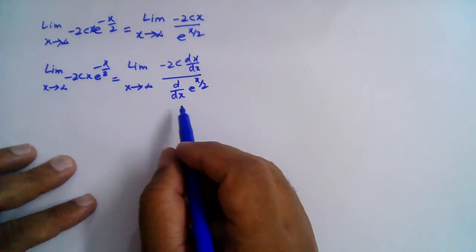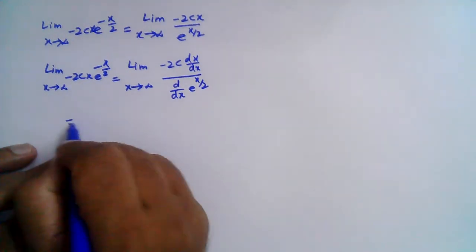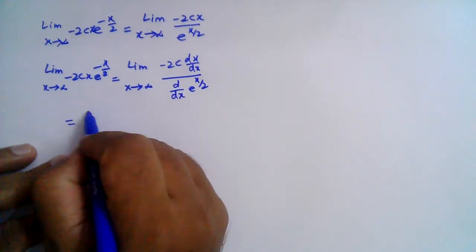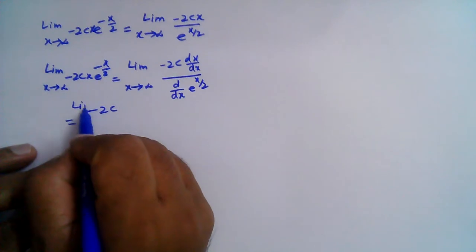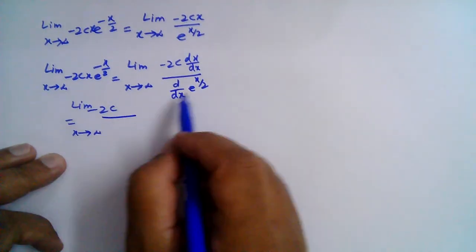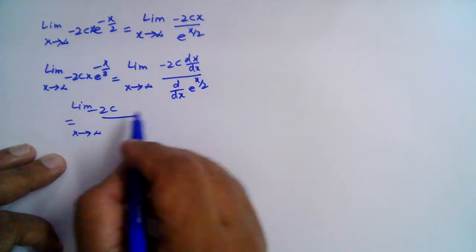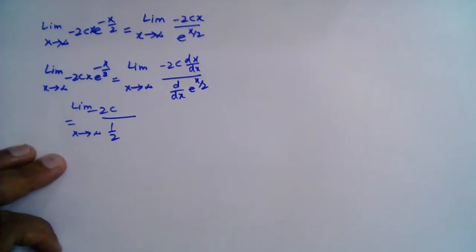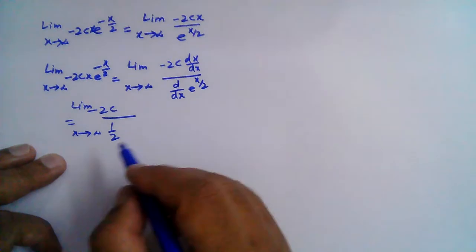So this is equal to minus 2c, limit that x tends to infinity, of minus 2c divided by 1 over 2 e raised to the power x over 2.